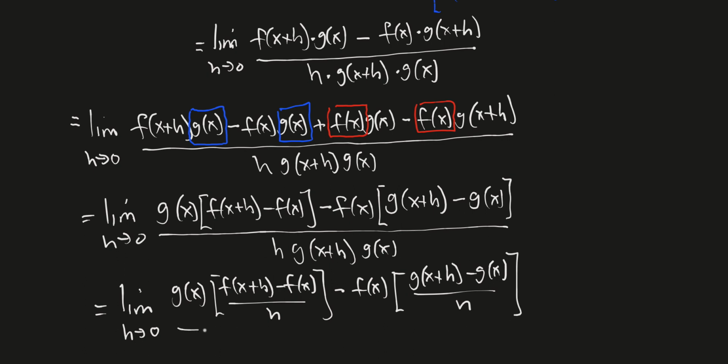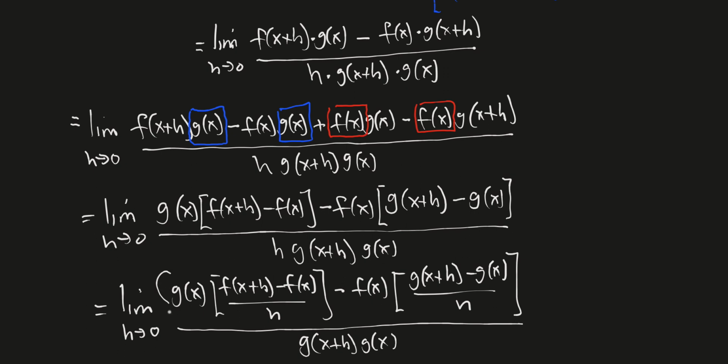Well, actually, no more h, because I have that in the denominator here already. What's left in the denominator is g of x plus h times g of x, right?